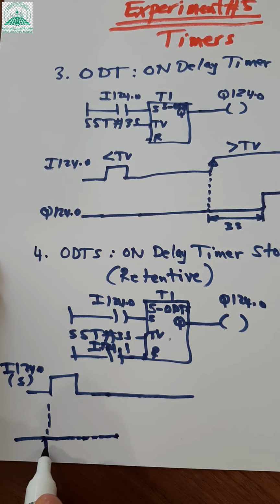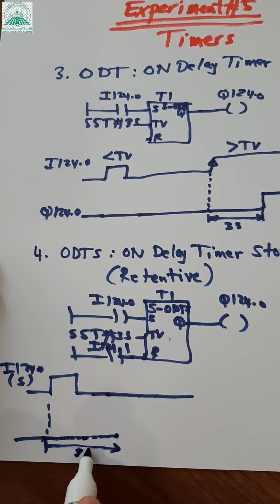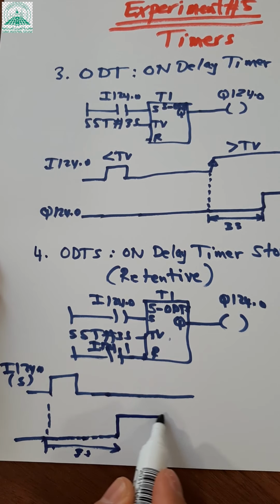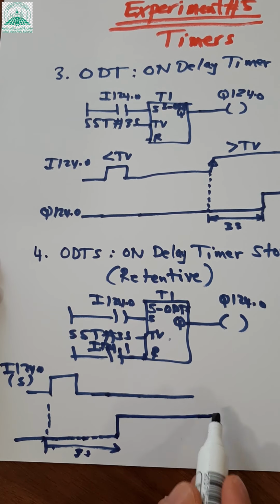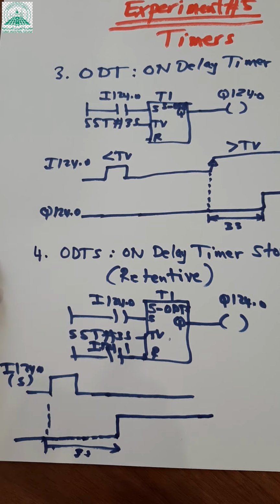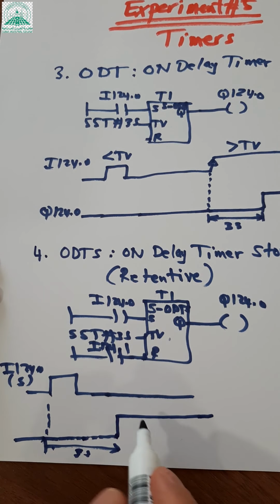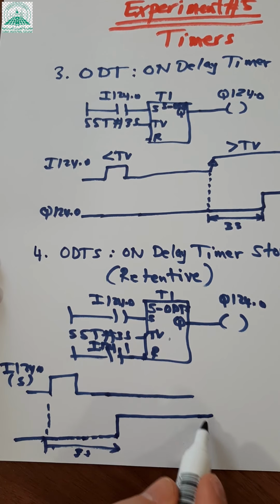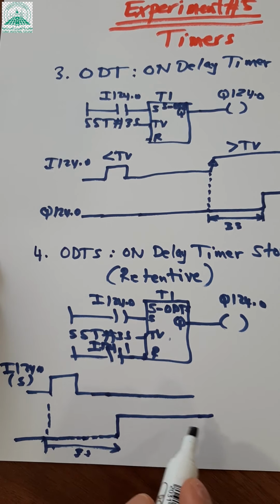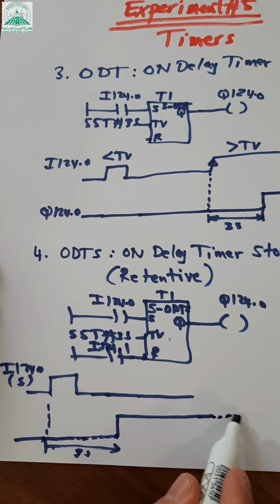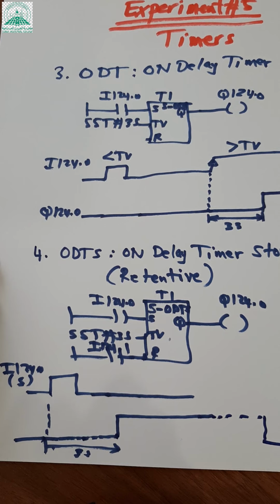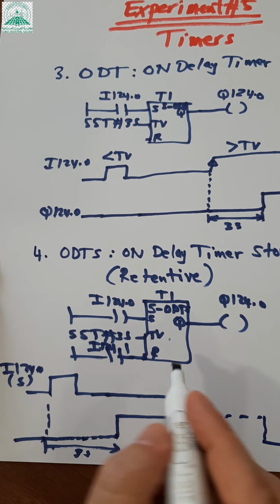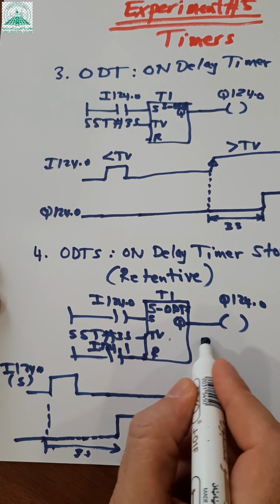Here this delay is 3 seconds. This will be on, and will stay on indefinitely until a reset input forces it to go to 0. In this case we have to use the reset input to force it to go to 0 at some point. Okay, so this is good and suitable for push buttons.